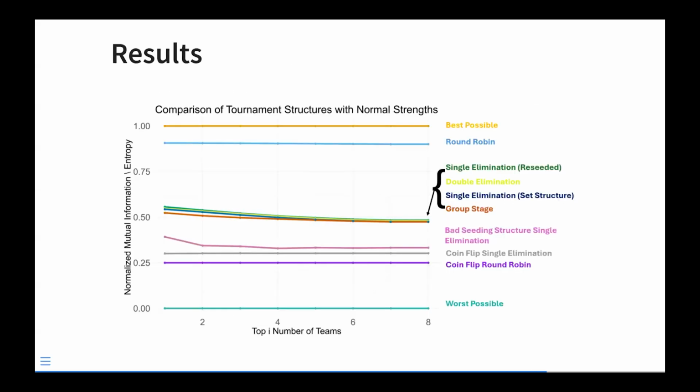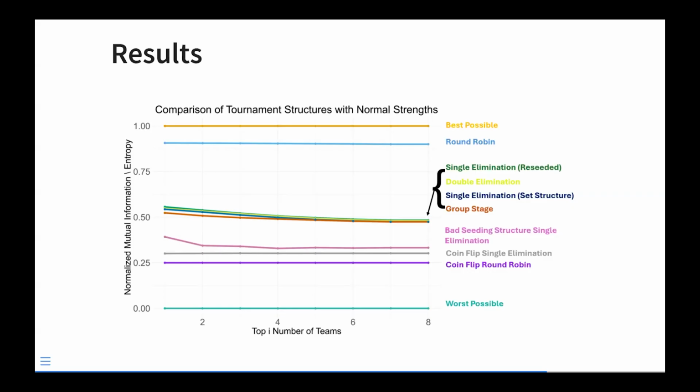So for our results, we did a bunch of different simulations. We have worst possible and best possible, which are still 0 and 1. Those were just checks: we use 10,000 simulations, so 10,000 completely correct and 10,000 completely wrong, and we get 0s and 1s. This coin flip round robin is where every team plays every team once.